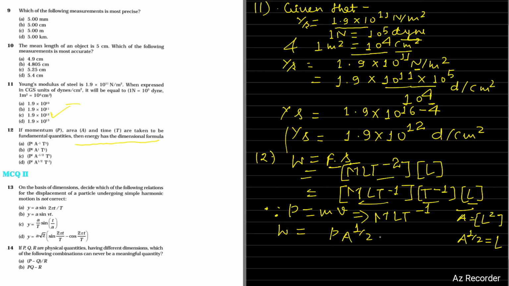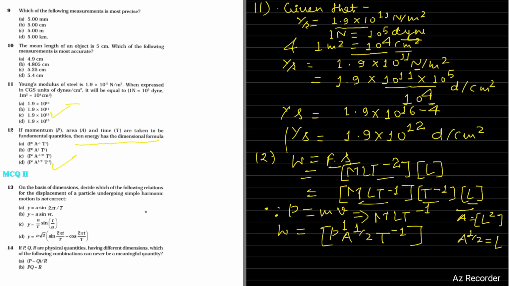So it would be the same T^-1 in the dimensional formula. Means our option would be option with P, A raised to power 1 by 2 and T^-1, so option D would be the right answer.